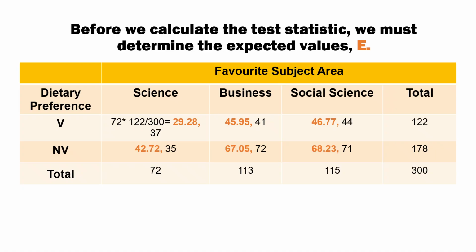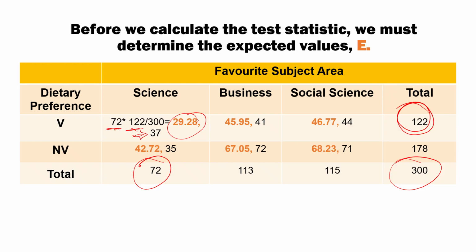So let's calculate our expected values. What you'll see here is in science, I've got 72, which is our row total, multiplied by 122, which is our column total, divided by 300, which is our grand total, and we get 29.28. The original number was 37, so it's kind of in that wheelhouse. It looks good. Try it again for yourself now.